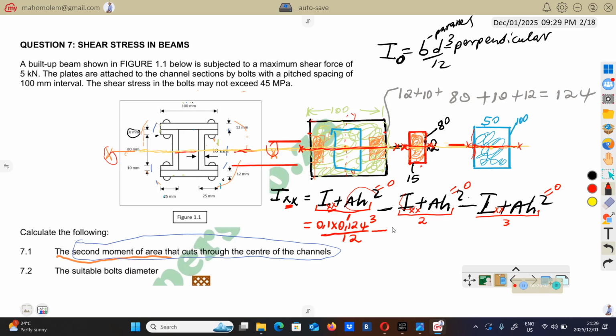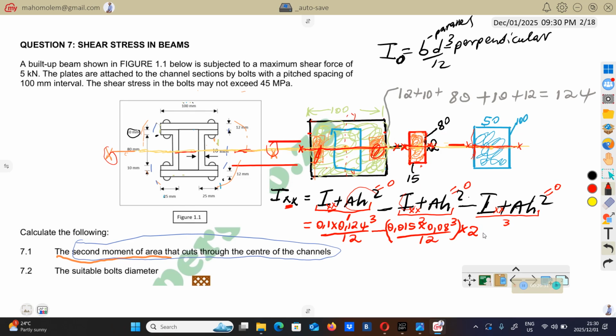Then we'll have 15, 0.015, multiplied by the other side, which is 80, 0.08 to the power 3 over 12. And remember here we have two of them, so you multiply by 2. Remember this one and this one.